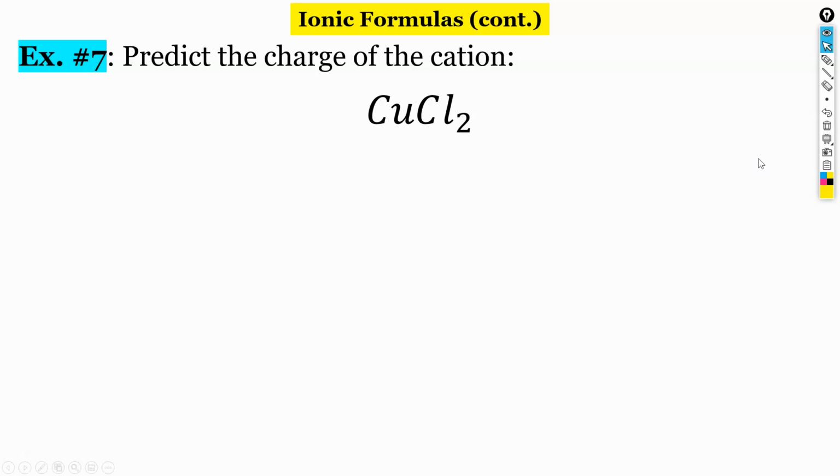It wasn't very funny. Okay, so copper, Cu, is going to be our cation, but we don't know what its charge is. So I'll just put an X up here. And then we have chlorine. There's 2 of them, and we know that chlorine has a charge of -1. So total, we have a charge of -2.